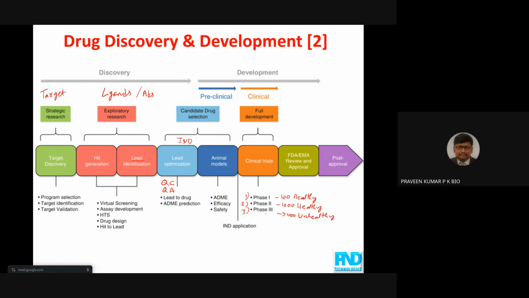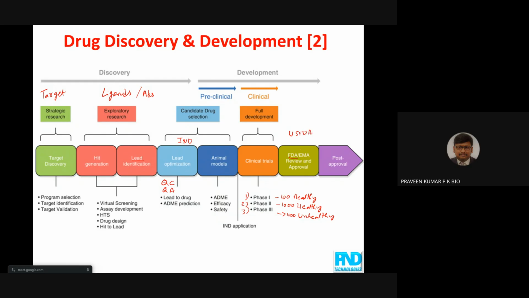But if it clears phase three, obviously that drug comes to the market, and that kind of drug can be applied for Food and Drug Administration approval. Okay, so the FDA approval. FDA is from the US.